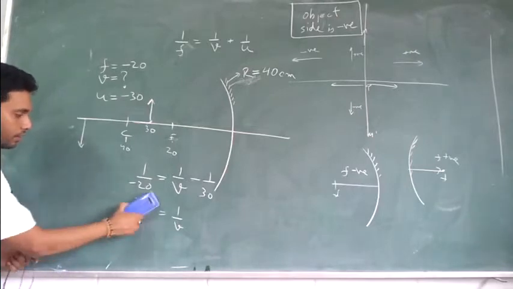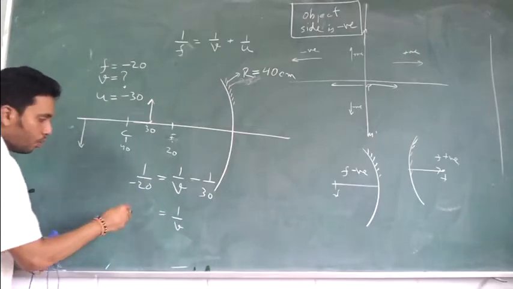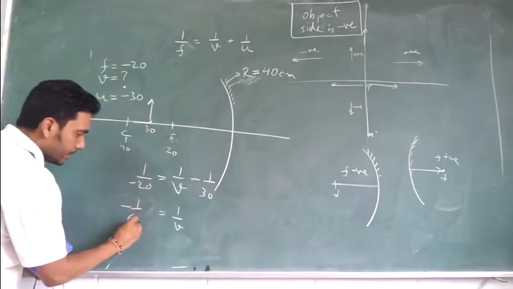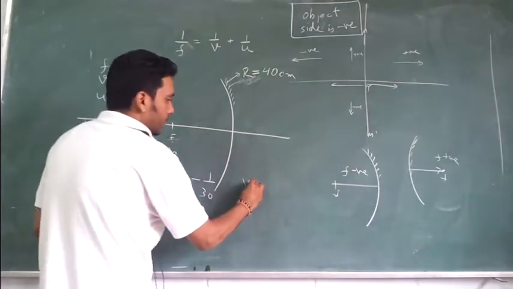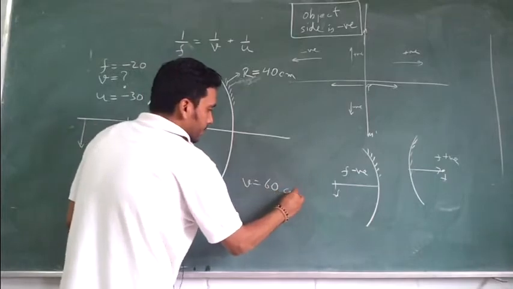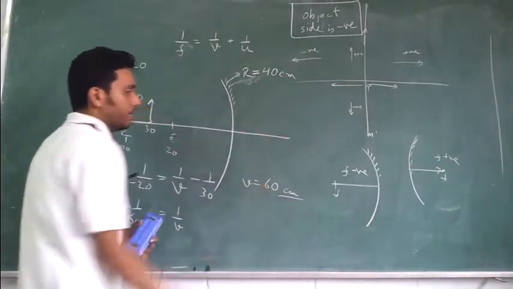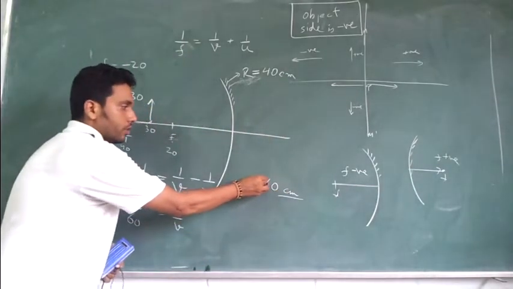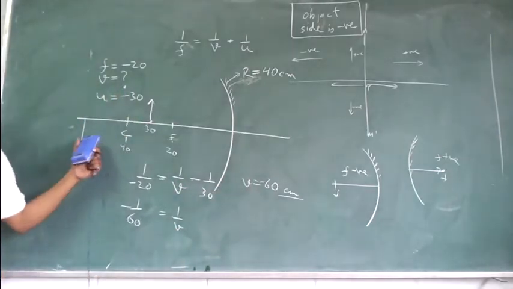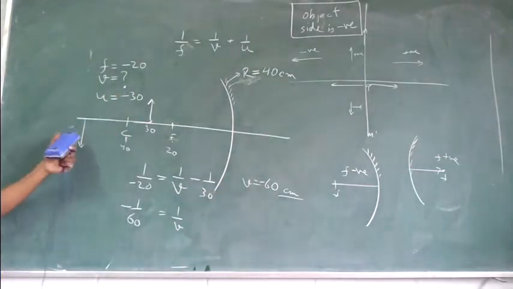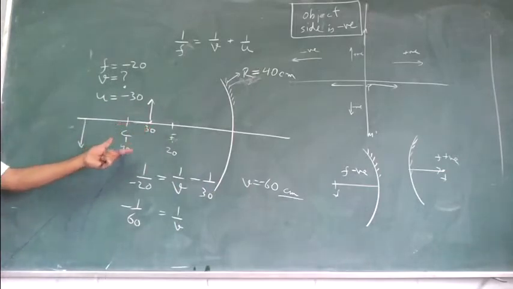So it is your minus 1 by 60. Hence V is minus 60 centimeters if it was given in centimeters. So everything is falling right. It is like this, more than 40, more away than this object is away, and is negative in sign. There is no chance that it will be wrong.